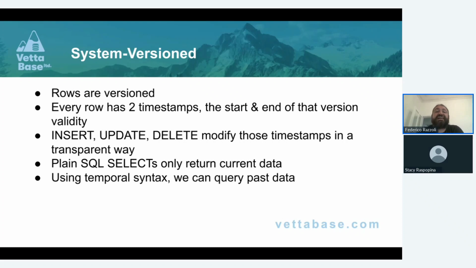Every row is automatically versioned. Whenever I insert a new row, I'm creating a version of a row. When I delete a row, I am modifying that version of the row. Every row has two timestamps: the start and the end of the validity of that version.